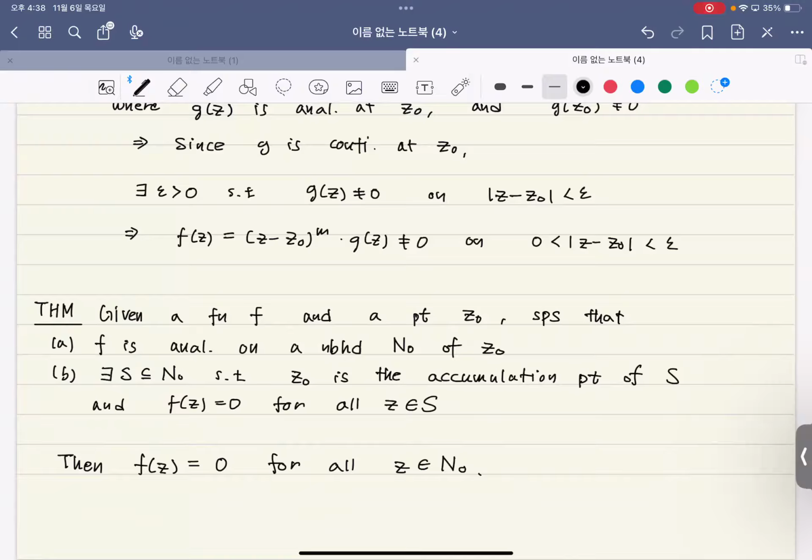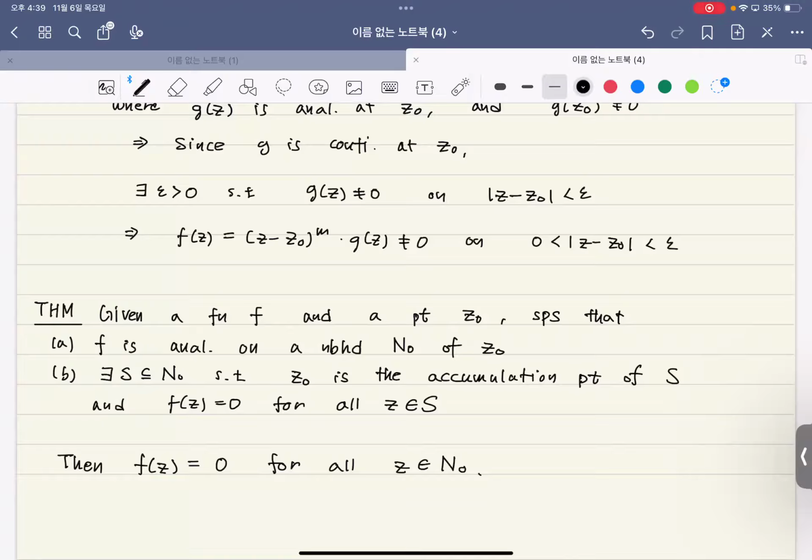I missed out one crucial condition from before. So this is the definition of the accumulation point. According to this definition, z0 is an accumulation point of S, and the second condition says that f of z equals 0 for all z contained in the subset S.